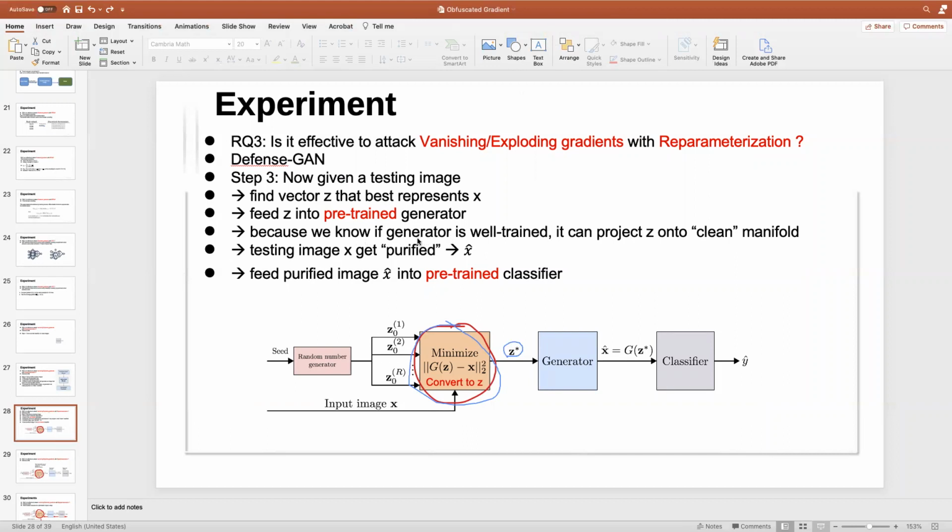Because if the generator is well trained, it can project my Z onto the clean manifold. So my testing image X gets purified, becomes X prime. Then we feed this purified image X prime into the pre-trained classifier.